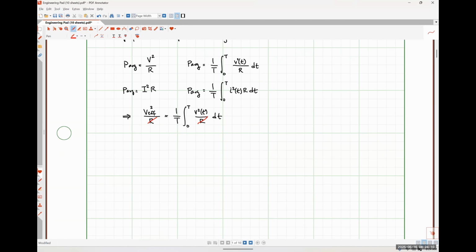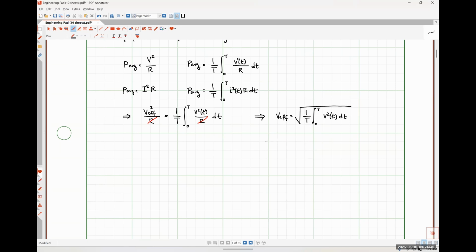So now I just have effective voltage squared is equal to 1 over T times the integral from 0 to T of my periodic voltage squared. So I can just take the square root of both sides, okay? And so that winds up giving me the relationship: my effective value for my voltage is equal to the square root of 1 over T times the integral from 0 to T of the square of my voltage.